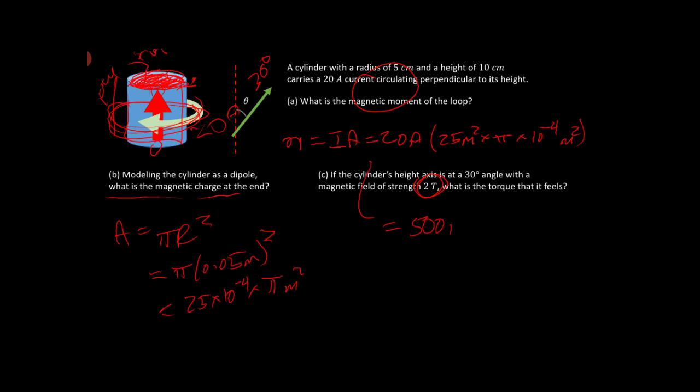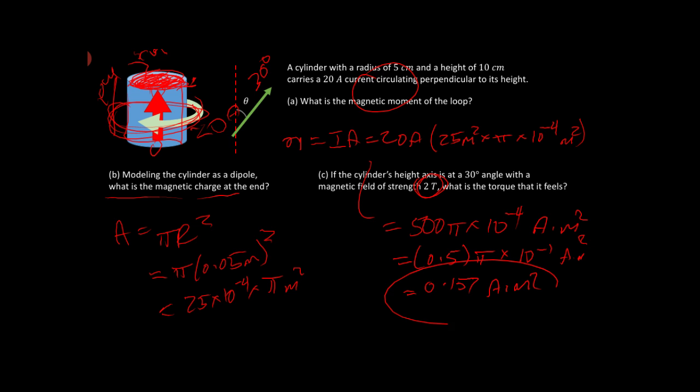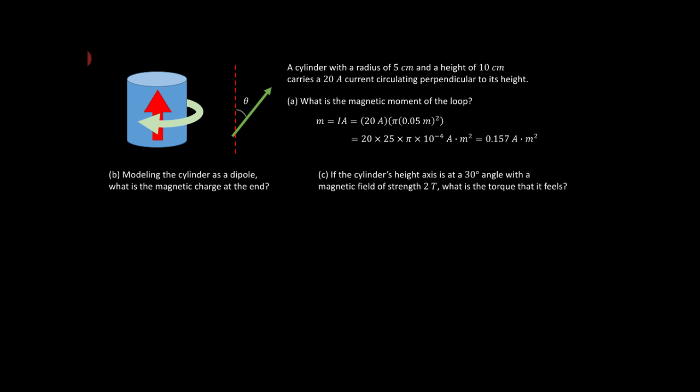So we have 500 pi times 10 to the minus 4, which means we have 0.5 pi times 10 to the minus 1 amp meters squared. So that's 1/2 pi divided by 10, which is 0.157 amp meters squared. So that's the magnetic moment.